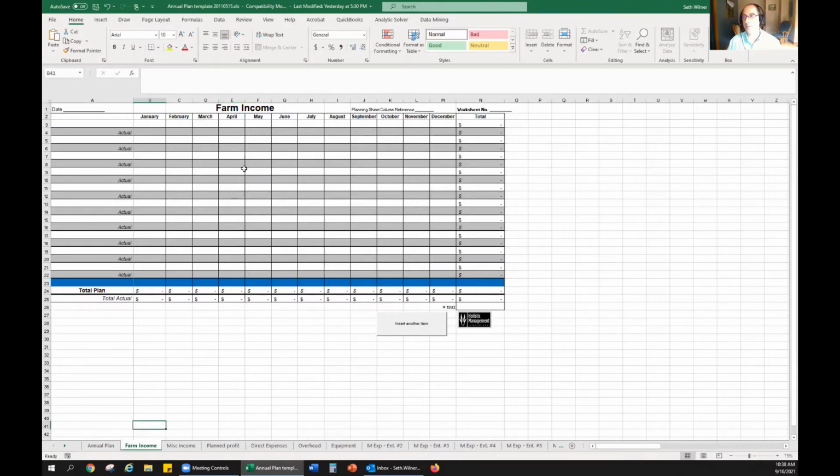I then went up here because it wasn't named that. I typed farm income. And your urban, so I assume that there's not going to be livestock, but that could be a wrong assumption. I don't know about urban agriculture much at all.